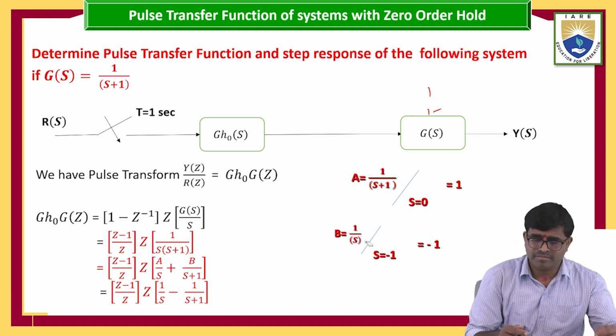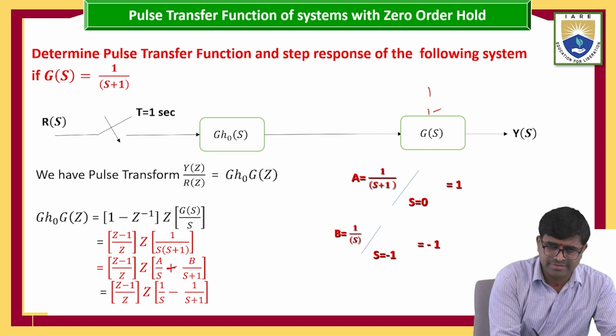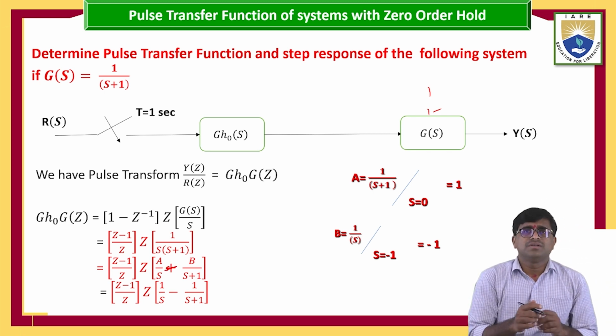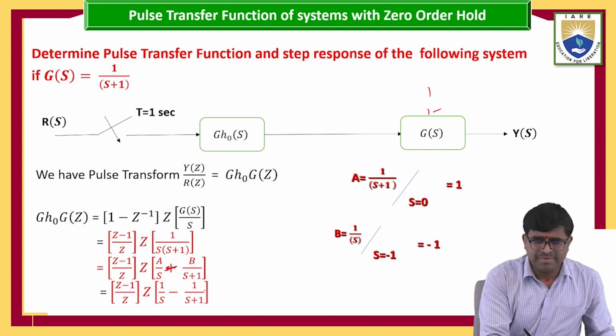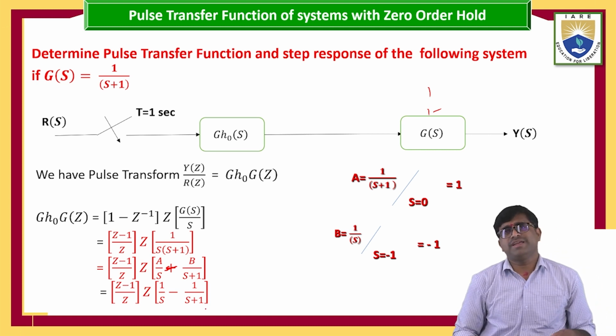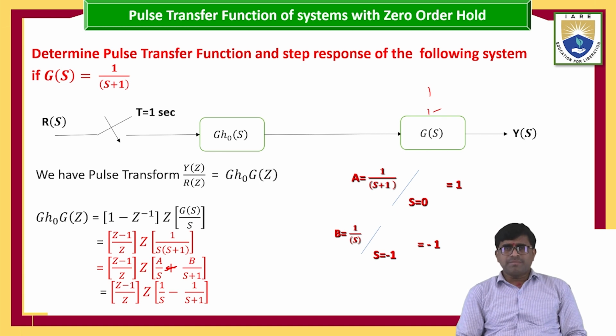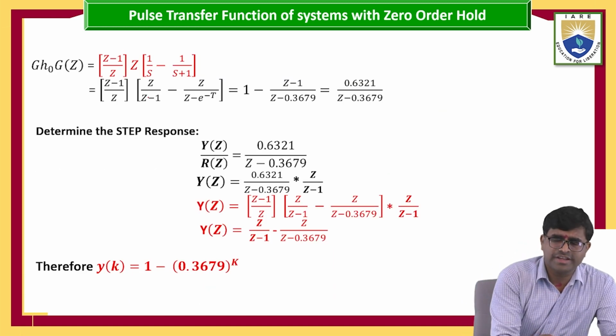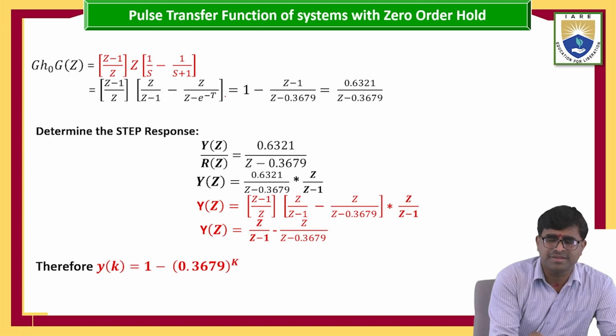So here it is minus. So 1 by s is coming and minus 1 by (s plus 1). You got it. Apply the z transform here. So for this, z by (z minus 1) minus z by (z minus e power of minus T).